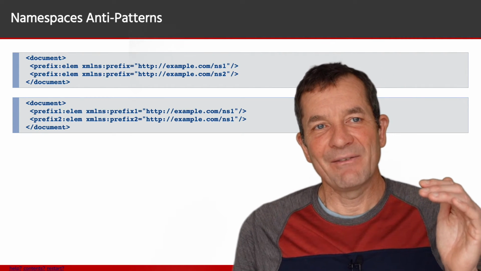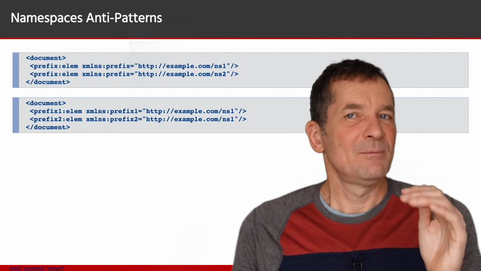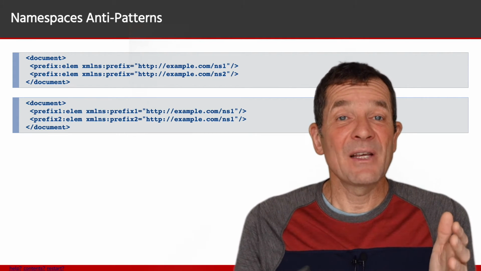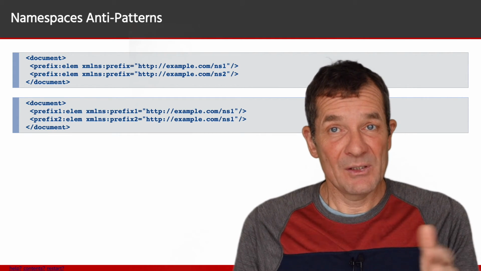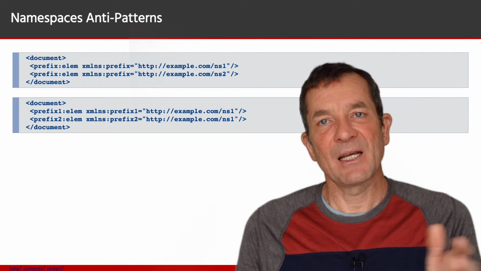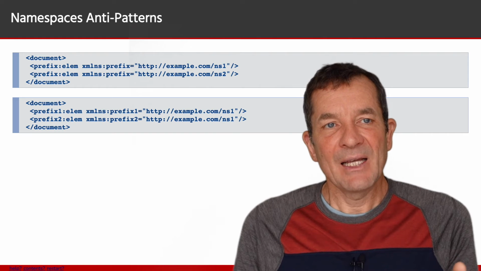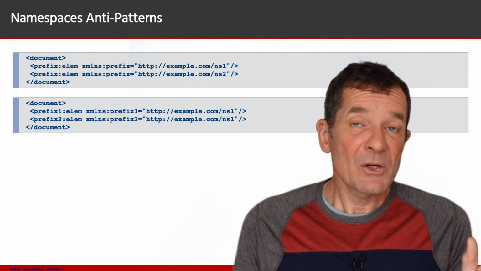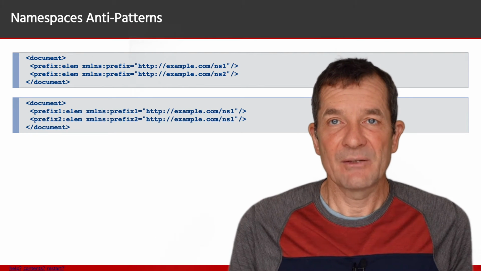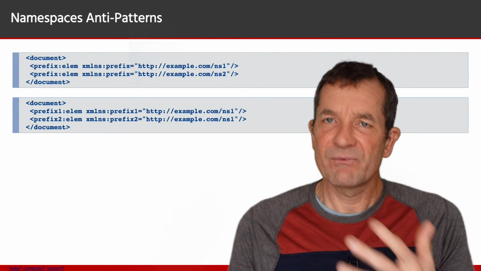It defines the prefix, but it uses the same prefix for different namespace names. First it's the NS1 namespace name, and second the NS2, meaning that even though the element name looks the same and even uses the same prefix, they're actually different elements because they're from different namespaces. So don't do that. That's very confusing.